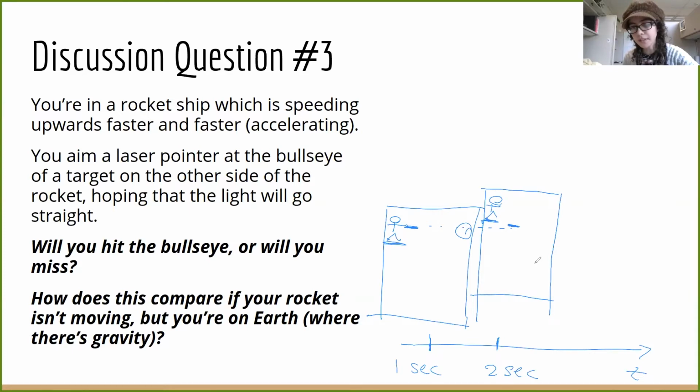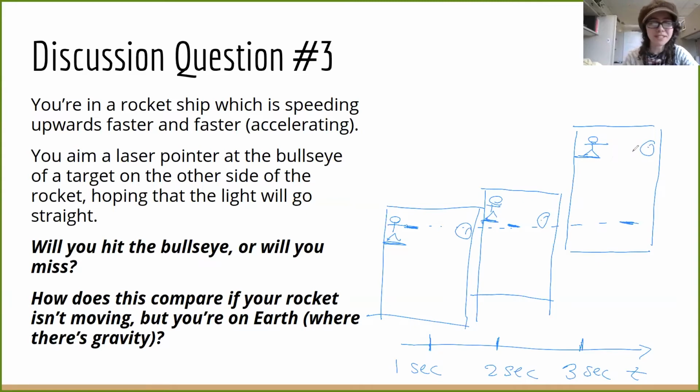So the light would be here. And after 3 seconds, move this box out of the way. I'm exaggerating a bit here what exactly it will look like, but the light will miss the bullseye. And if you're in the rocket ship and it's accelerating, then it'll look like it's falling.